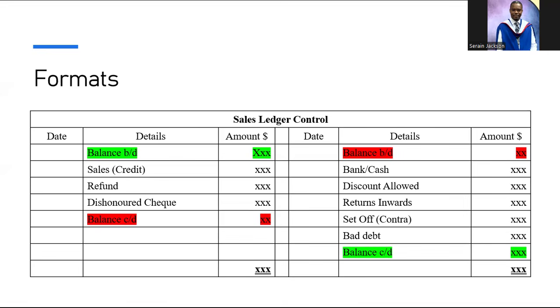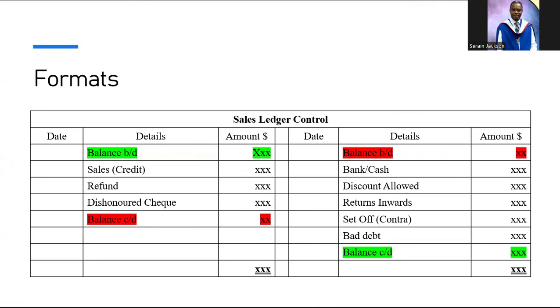The set off exists in cases where you and your debtor are in business together, where you are utilizing the services of your debtor, as well as your debtor is utilizing services that you are providing. Both of you owe each other, just like with the balance brought down that I was explaining earlier.